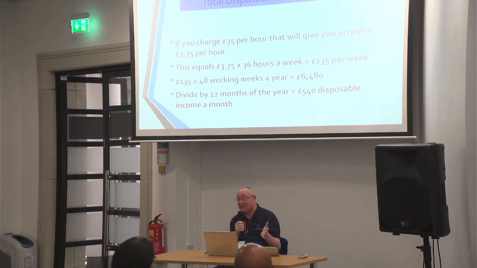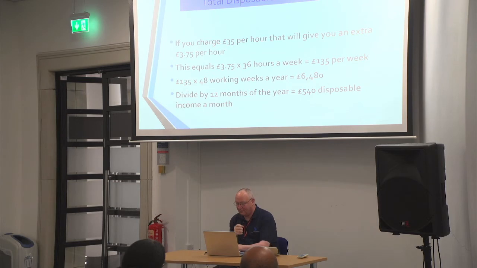Divide that by 12 months of the year, and that gives you a completely disposable income of £540 a month. And that's something you can do whatever you like with. You've already got some put aside for a high value expense that's going to be unexpected, your tax bill, etc. So this £540 can help you live the life that you deserve as a driving instructor.